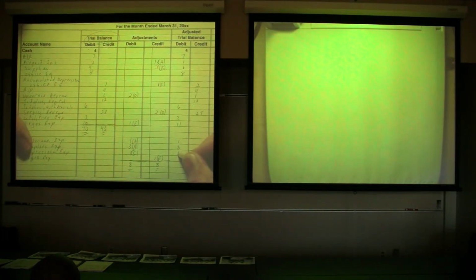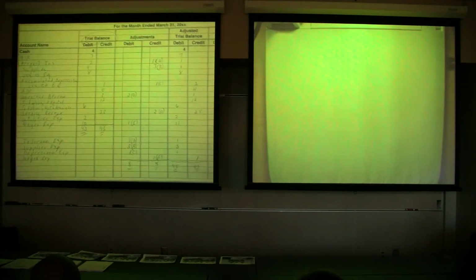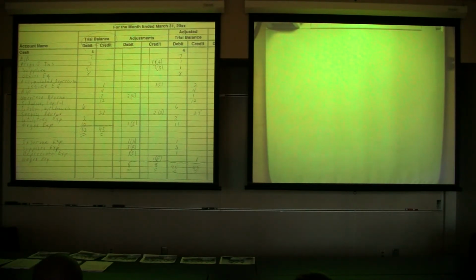Depreciation expense is 1. Wages payable is a credit of 1. And that would have been an easy one to put in the debit column. Add up all my debits, they equal 45. My credits equal 45. Okay, does that sound about right? Everybody's doing good with that?